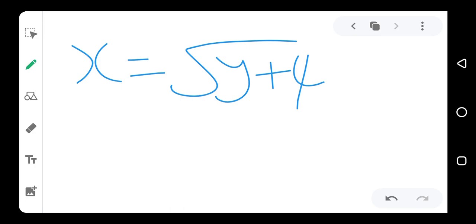So here now, x is staying alone. x is equal to the square root of y plus 4.